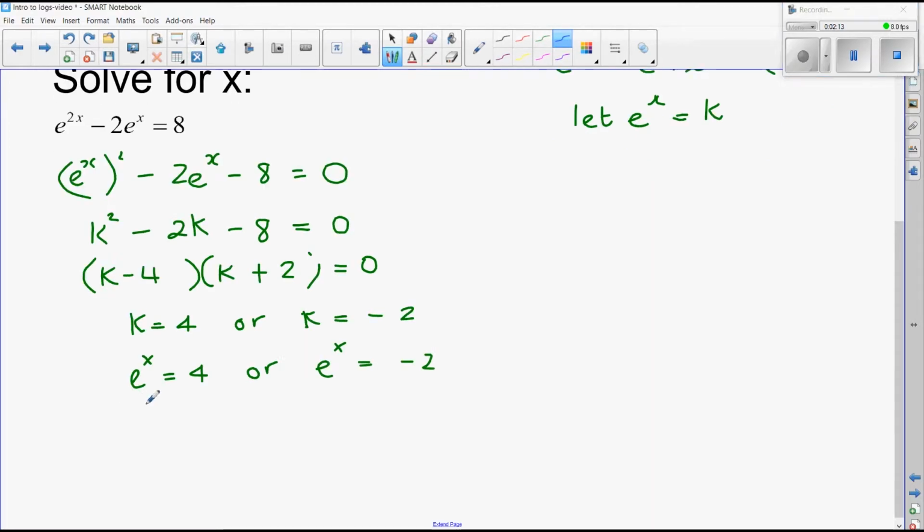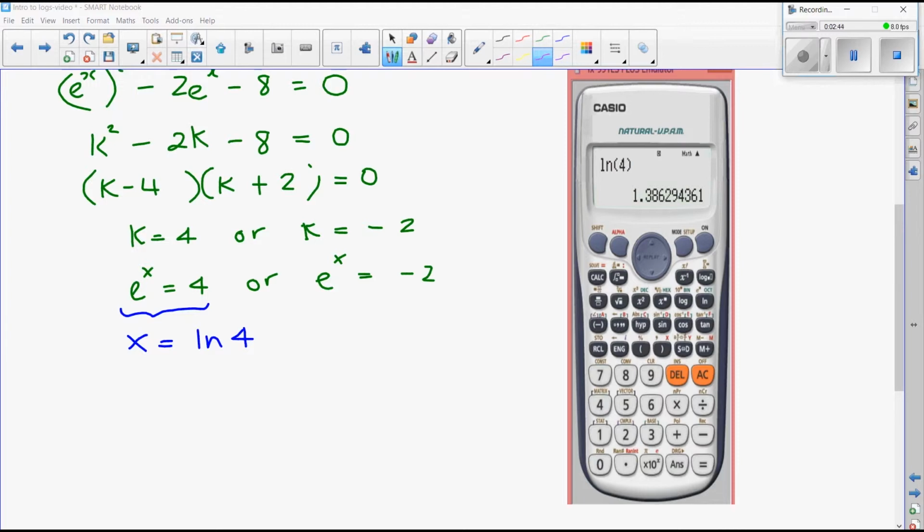So looking at the first solution, I need to solve for x, and I have e to the x equals 4. What I'm going to do is write it as a log. So I know that x will be ln of 4, or x will be log of 4 to the base e. So I write x equals ln of 4. And then using my calculator, I can calculate the numerical value of ln of 4.